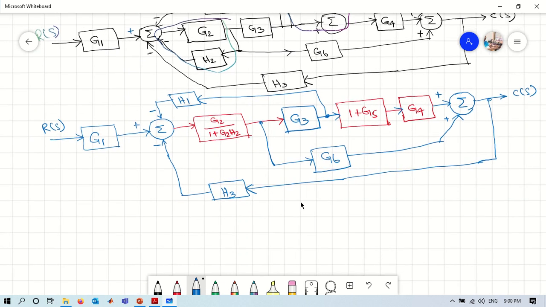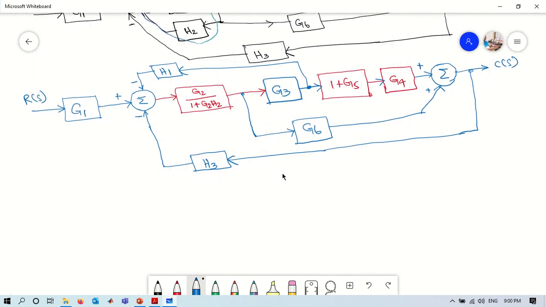Again I need to look into the series block, parallel block, feedback, and whether shifting of points is required. If I consider this, I have a series block, and no other parallel block is there. If I move this branching point somewhere ahead, I will get a minor feedback loop and combination here.